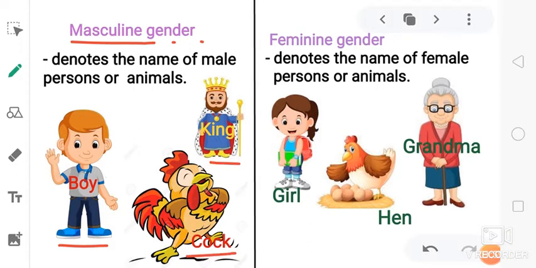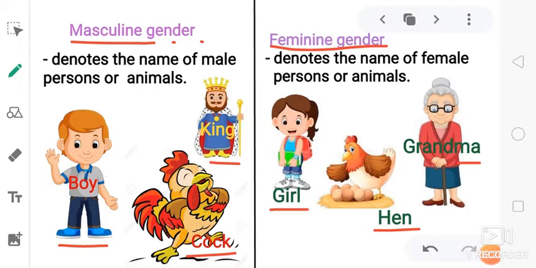The next one is feminine gender. It denotes the name of female persons or animals. All nouns related to female persons or animals are feminine gender. Example: girl, hen, grandma.